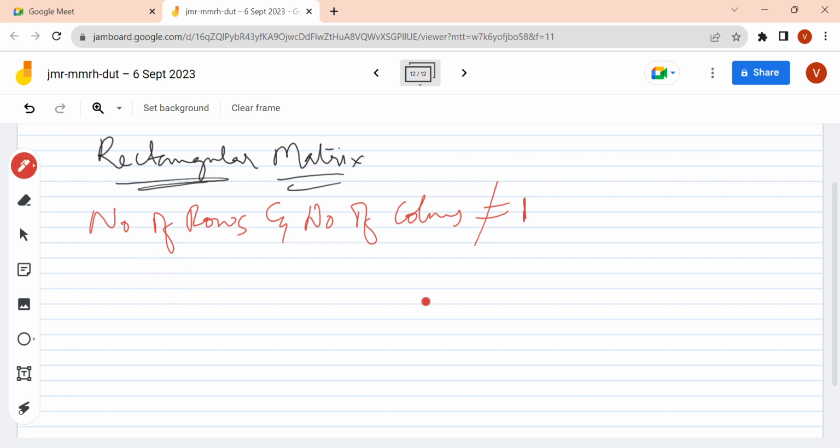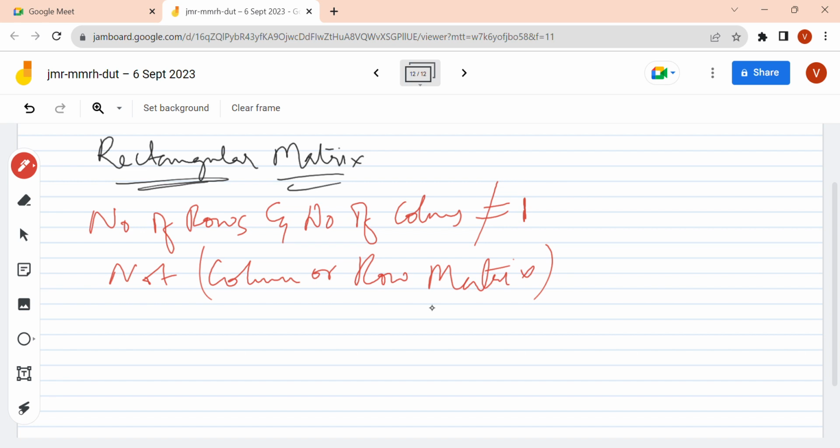This condition is enough because it should not be a column matrix or row matrix.